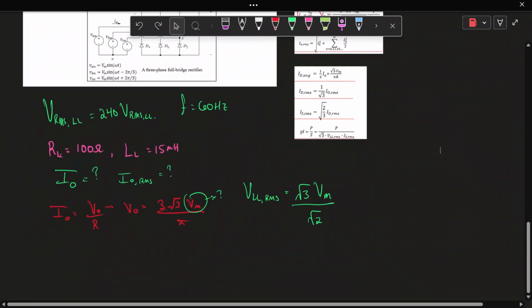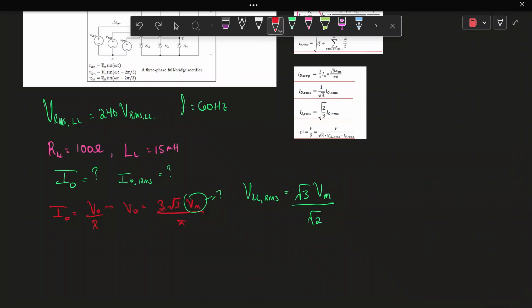So now we're going to plug in, because we want to find V_m. We have to rearrange the equation. V_m is equal to square root of 2 times V_LL RMS, V line to line RMS, divided by square root of 3.